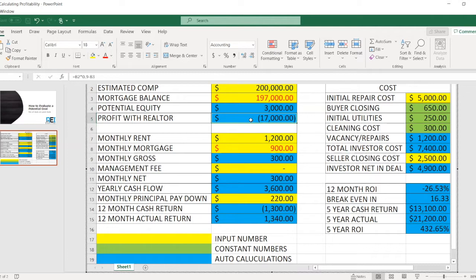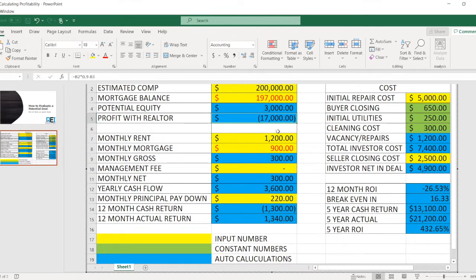Meaning, if they sold this house for $200,000, they'd have to bring $17,000 to the closing table just to get the house out of their name. No seller wants to lose $17,000 to sell a house. That's where we come in and we can offer them our subject to transaction so they don't lose $17,000 to get rid of a property that they do not want.